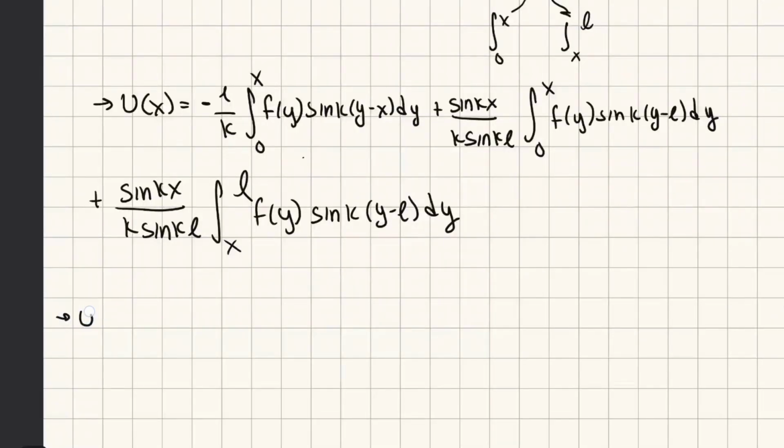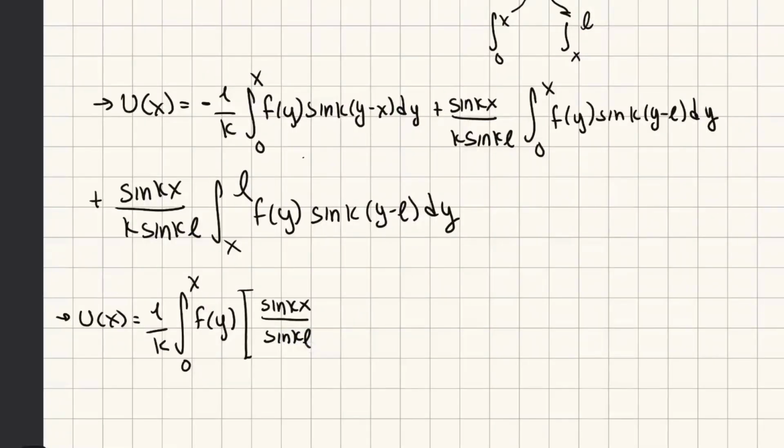We will have that u of x is equal to 1 divided by k, the integral from 0 to x of f of y that will multiply sine kx divided by sine kl times sine ky minus l, and then minus sine k times y minus x, and then dy.